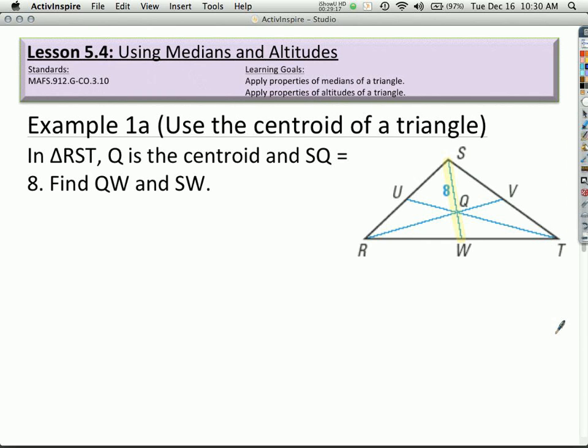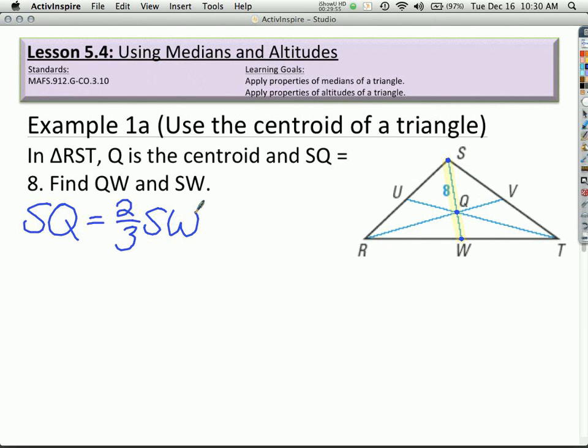Because Q is the centroid, something automatically happens to this segment, SW. There's a relationship there. And so we can use what we learned in the centroid theorem, that SQ will be 2/3 of SW.